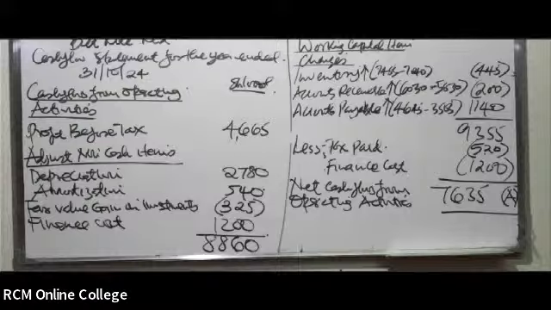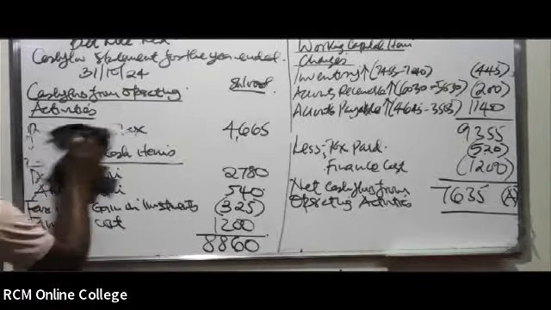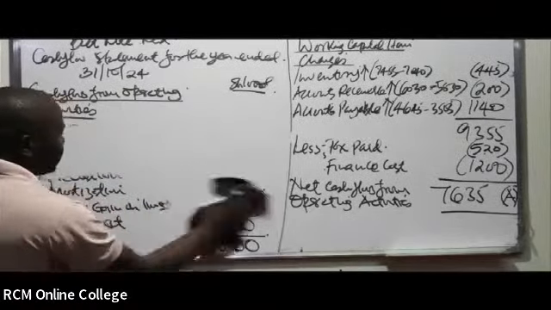So you can go to the second part, which is now cash flows from investing activities. Hope you are through with here. So you have now cash flows from investing activities.